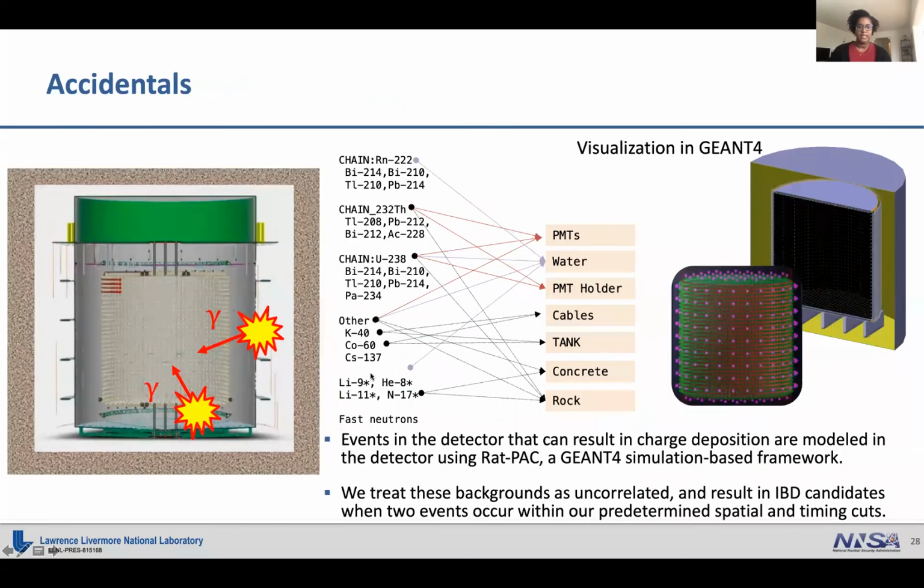And so for the accidentals, within the full simulation framework in JNOT4, every single component within our detector is included, as well as the radiation within them. So we simulate the radiation from the PMT, the radiation in the water, the PMT holders, the cable, the tank, the concrete, the rock. All of those go into our simulation-based framework to understand how frequently we're going to see something that might mimic our signal of interest.